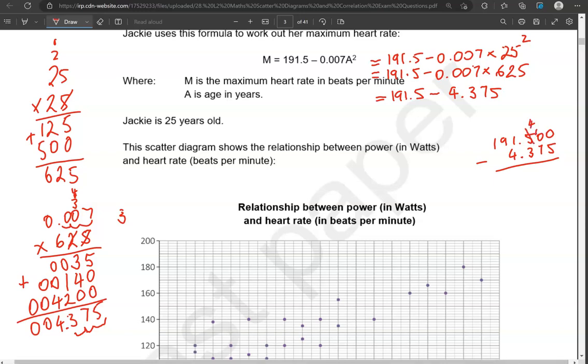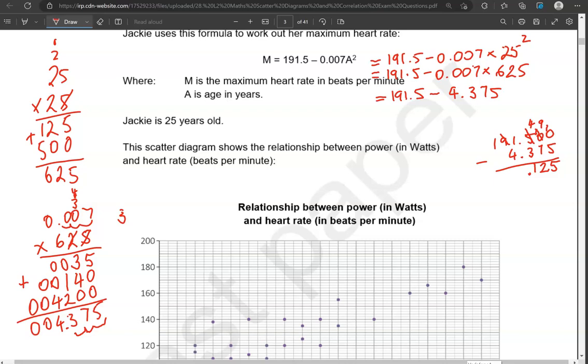So this becomes 10. Now we can borrow from the 10. So 10 take away 5 gives us 5. 9 take away 7 gives us 2. 4 take away 3 gives us 1. We're taking away 4 from the 1, which means we've got to borrow 1.